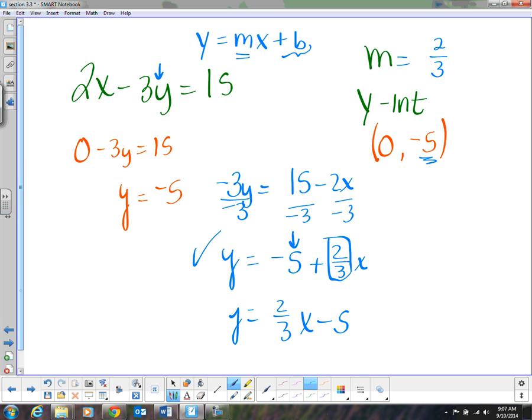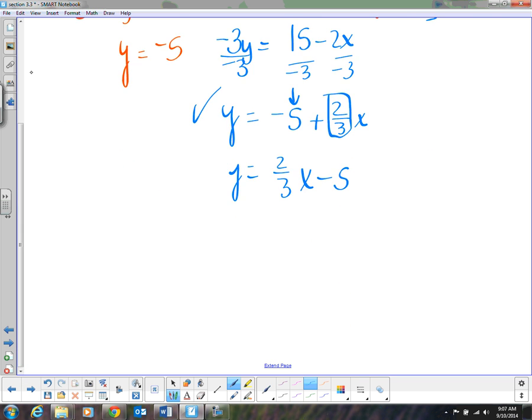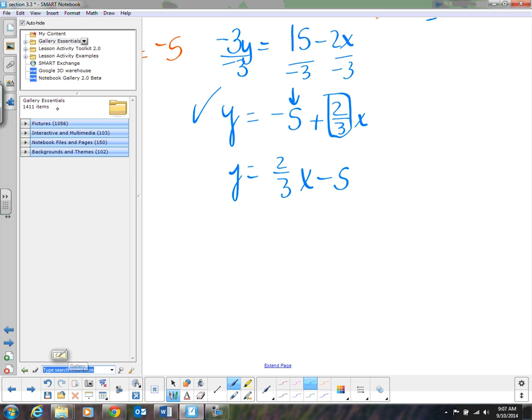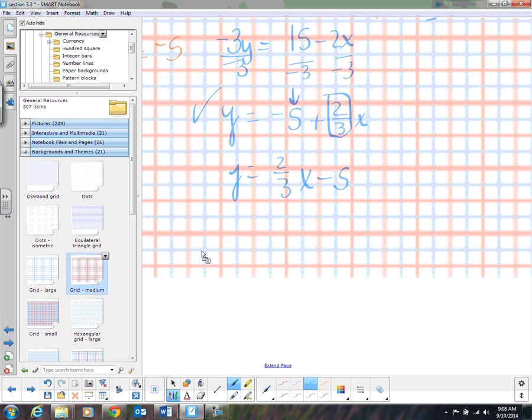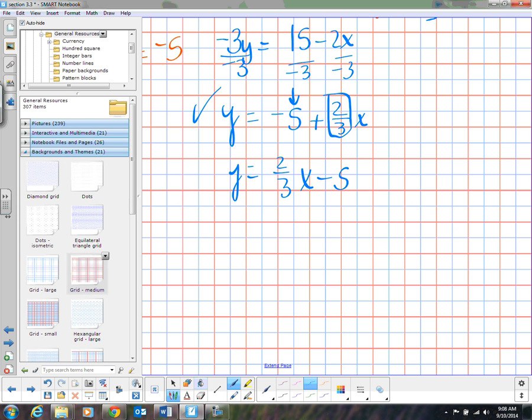All right, and then how would we graph from here? What do we need? We do need a graph. Now we have one. It should be under general resources. All right, so now how do we graph this?